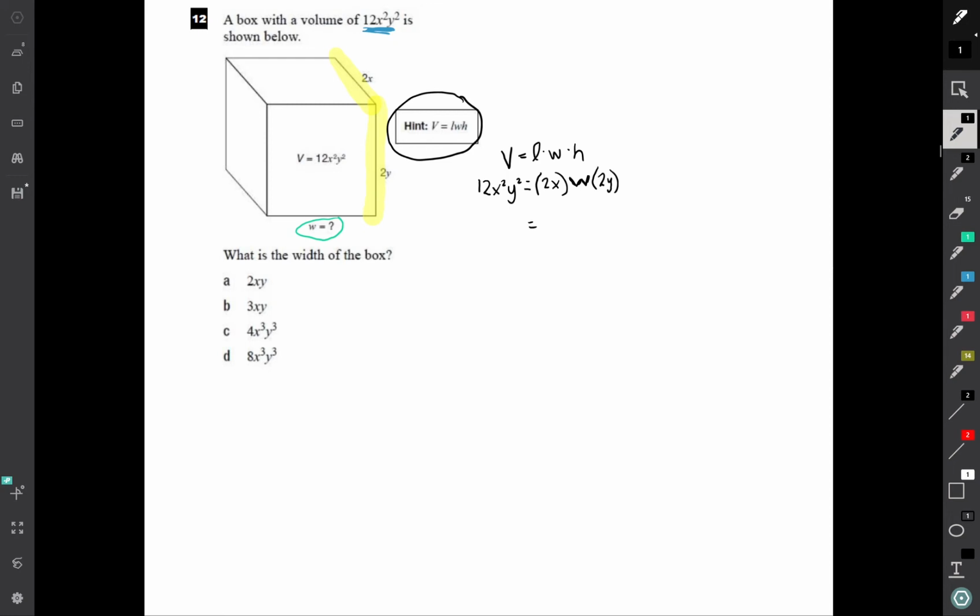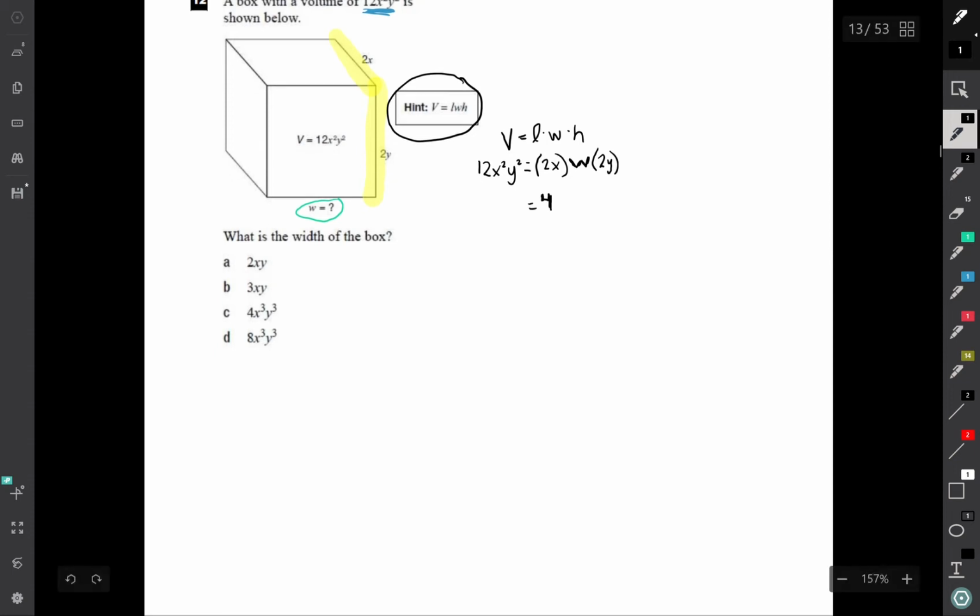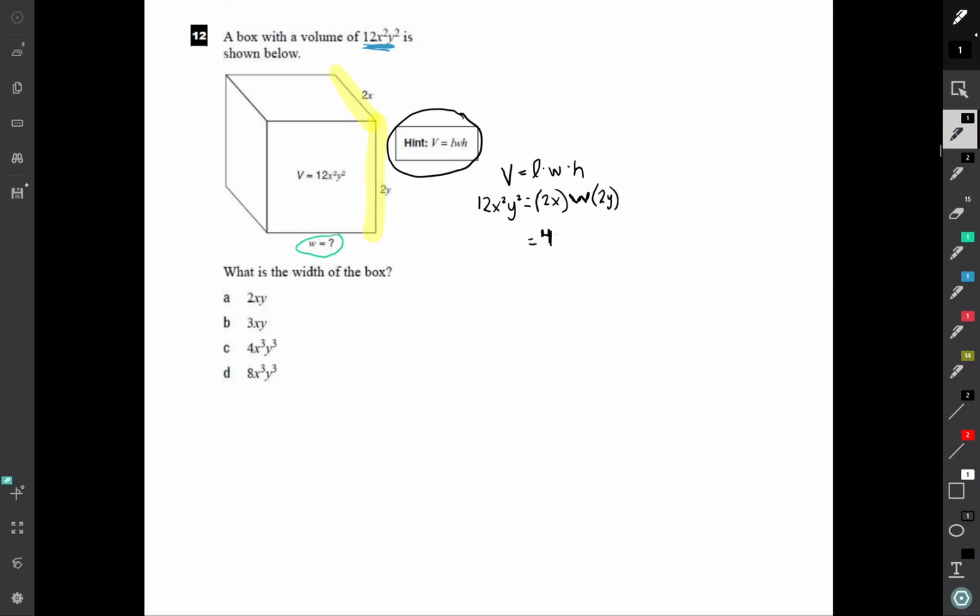So let's first multiply our two numbers together. 2 times 2 simplifies to 4. And then all I'm left with is x, w, and y. And I don't need brackets because those are just variables. So 4xyw. It doesn't matter what order I put them in.